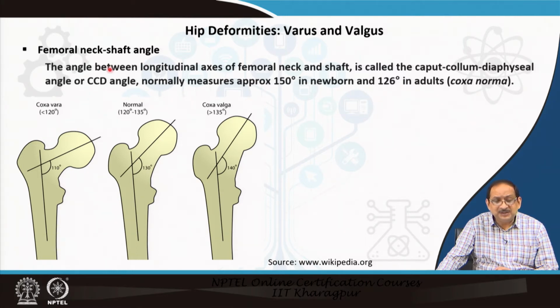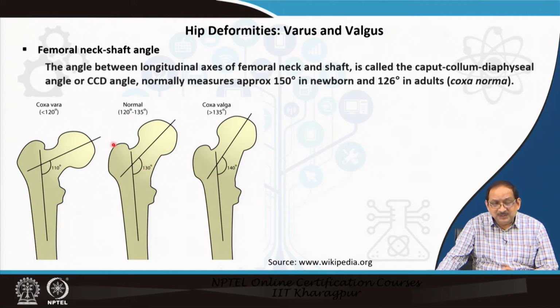Now, the femoral neck shaft angle is the angle between the longitudinal axis of the femur neck and shaft. It is also called the CCD angle and normally measures for a newborn child 150 degrees and for adults it is about 126 degrees.